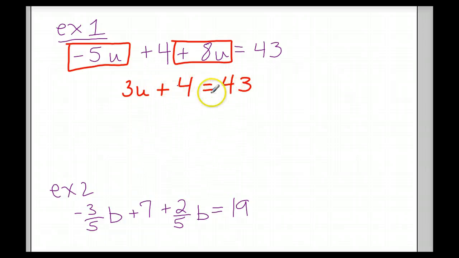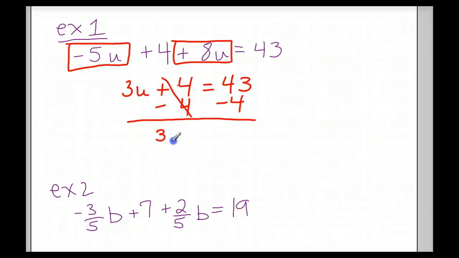So now we have a two-step equation. Remember, we want to plus and minus first on these two-step equations. So let's minus 4 from both sides. Remember, this cancels, and we get 3u equals 43 minus 4, which gives us 39. 3u equals 39.